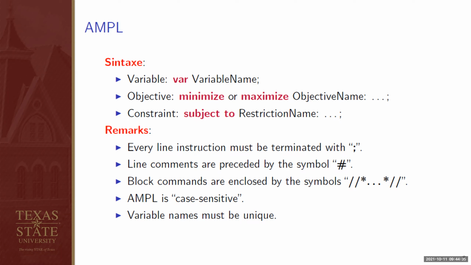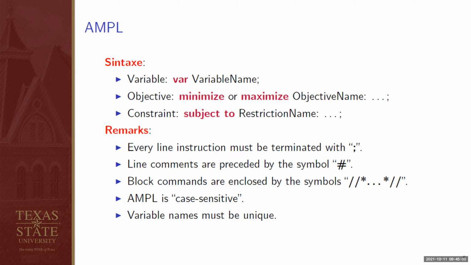Some remarks: every line instruction must be terminated with a semicolon. Line comments are preceded by the number symbol. So if you want to make comments in your code and you don't want that to be taken as an instruction for your model, you can use this number symbol in front of that line, and it will make a comment.